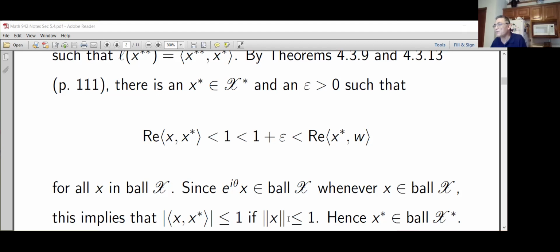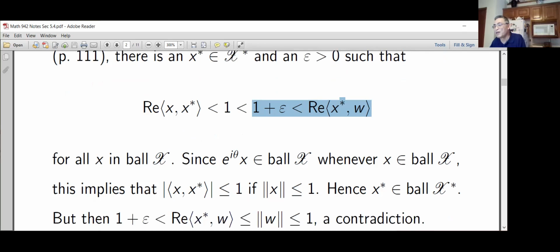So now let's look at this part of the inequality. We have 1 plus epsilon is less than the real part of this. So x star has norm less than or equal to 1.